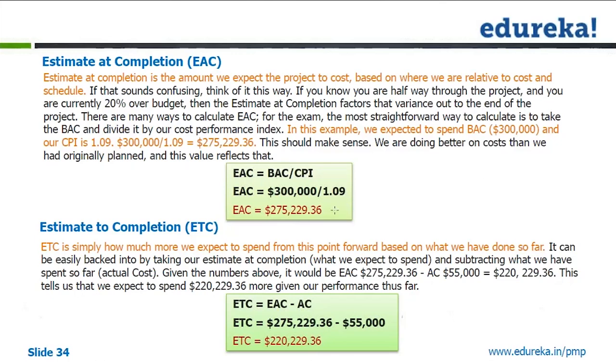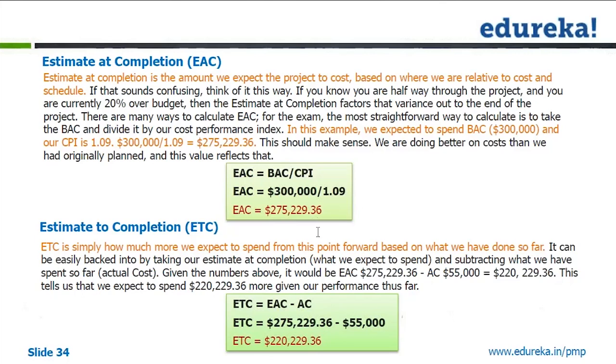So in terms of cost, we are going to be at an advantage. Instead of spending $300,000, we are going to spend $275,229.36 to complete the project, which means we will spend less.